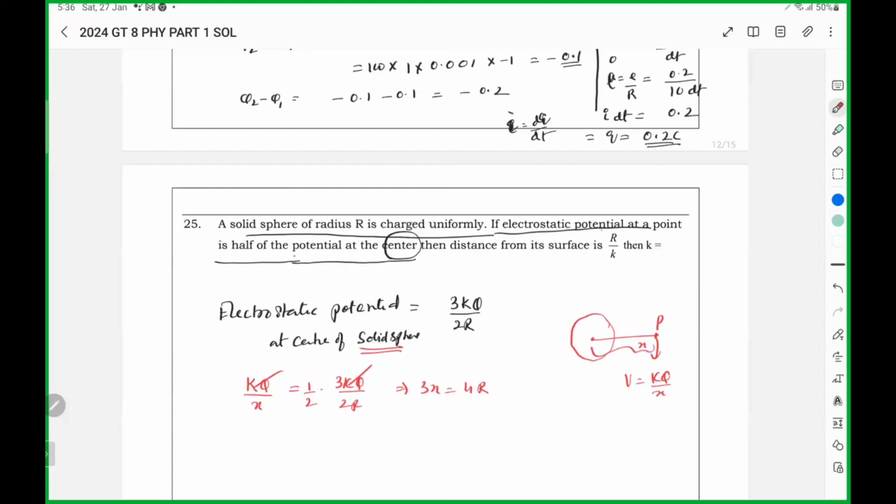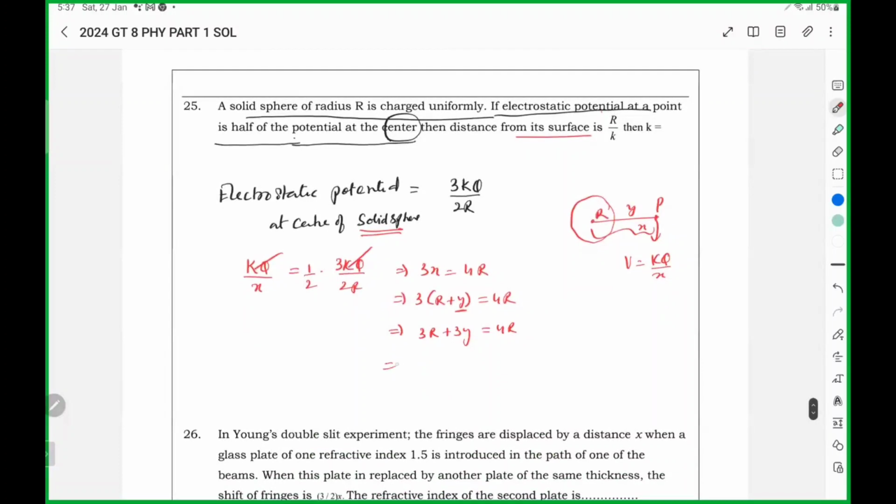This x is asking distance from its surface. So this is r. X will be r plus y is 4r. Y is distance from the surface. So y here is r by 3. We are given it as r by K, so K becomes 3.